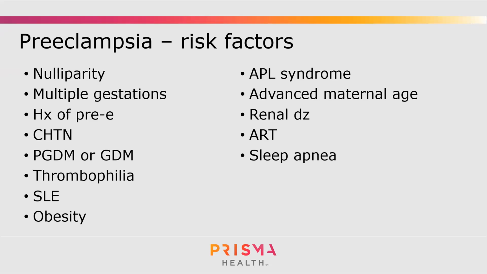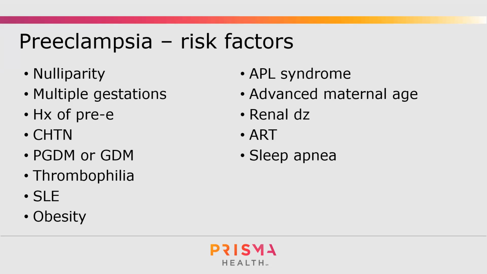Anyway, so what are the risk factors for preeclampsia? And this actually goes back to a couple of things that we talked about earlier about the rate of preeclampsia increasing over the years. So risk factors include, and there's a lot of them, nulliparity, just first pregnancy, multiple gestations. Somebody who has a history of preeclampsia in a previous pregnancy is definitely at risk to get it again.